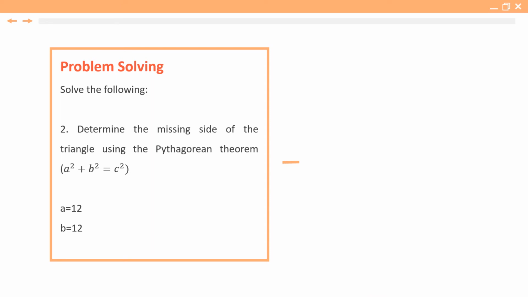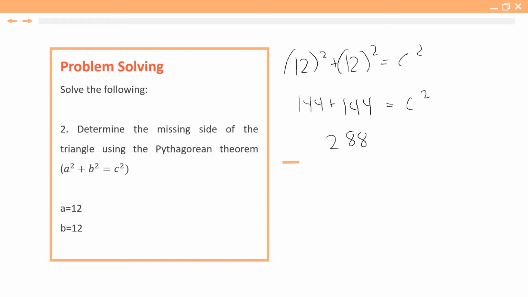So we have 12 squared plus 12 squared is equal to c squared. That's going to be 144 plus 144 is equal to c squared. 288 is equal to c squared.